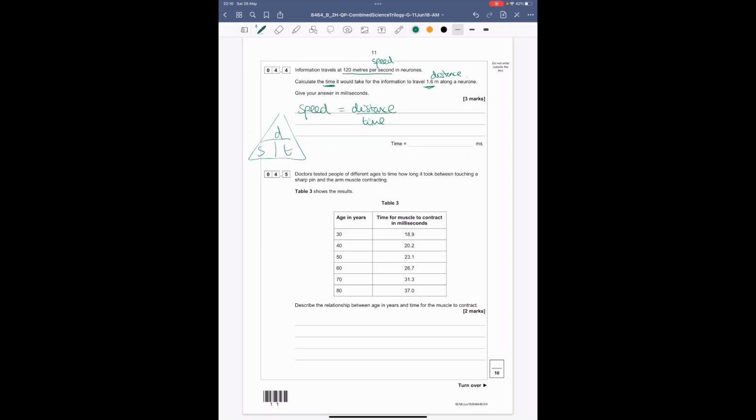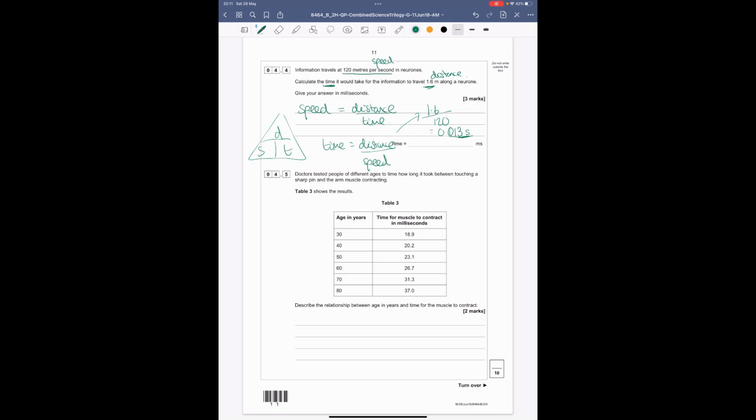If speed is distance over time, time is distance divided by speed. So I can then substitute in the numbers. So it'd be 1.6 divided by 120 meters per second. And that would give me an answer of 0.013, okay? But that would be in seconds because it was meters per second.